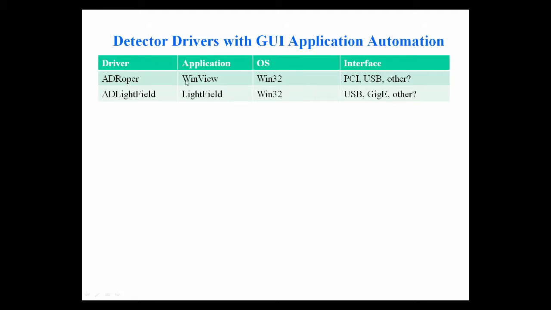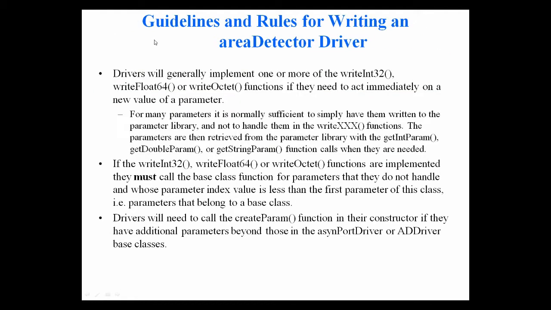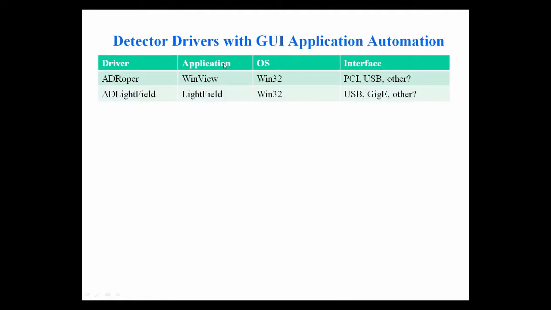So this is automated, in this case, over the Microsoft COM interfaces, which is sort of an older automation mechanism that Microsoft supports. And then this one uses what's called the Common Language Runtime interfaces. So Lightfield is itself, I believe, written in C#.